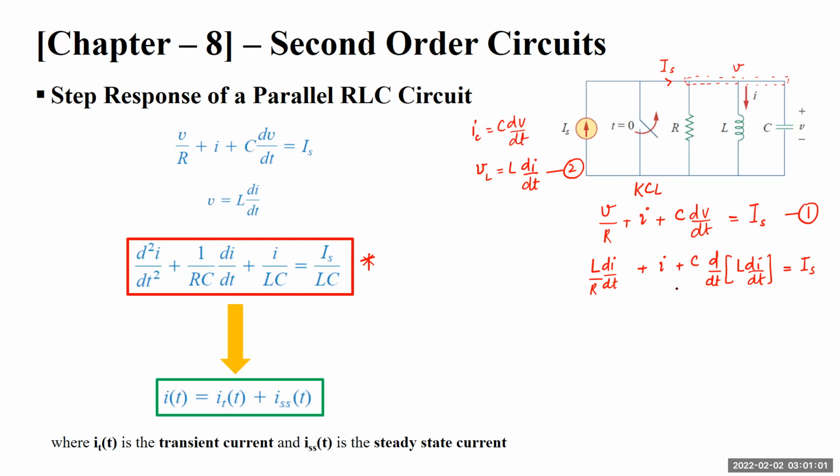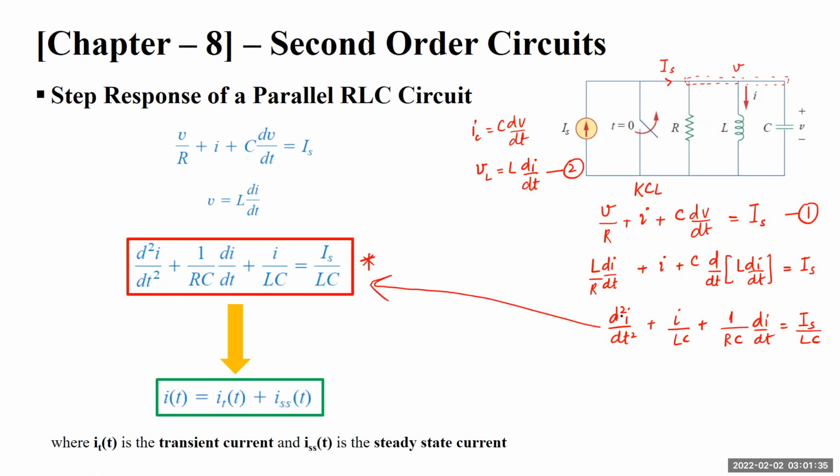If I simplify it, dividing the whole equation by LC, we get d squared i by dt squared plus I divided by LC plus 1 by RC di by dt, with the IS term also divided by LC. This is how we simplify to get this equation.